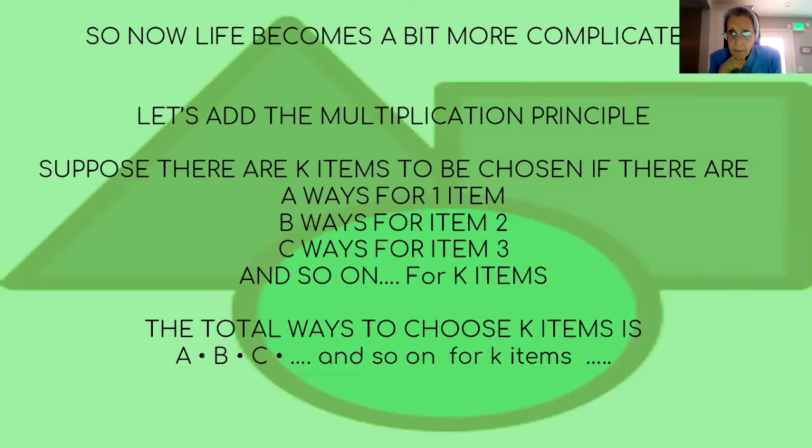What that means is that now we have many different events, and we want to choose from A, B, and C. So each one of them is a different event, and we're going to multiply them together to find out how many different combinations we have for the final event.